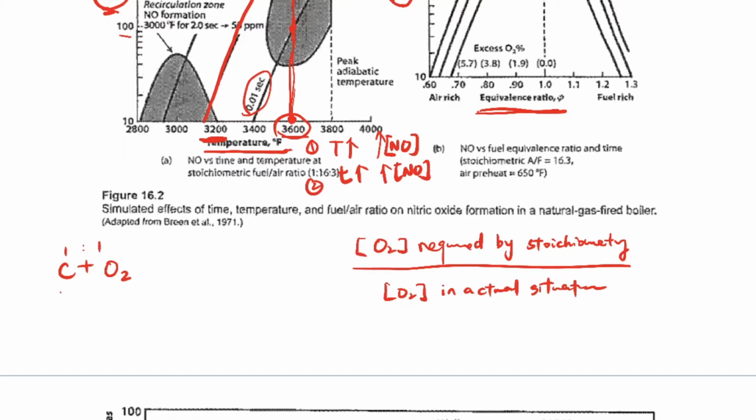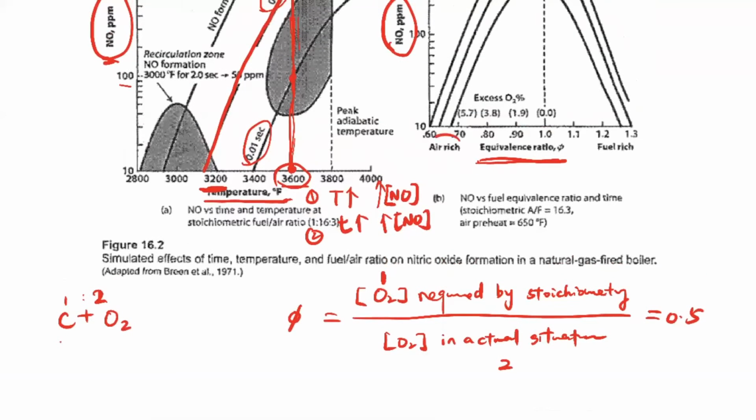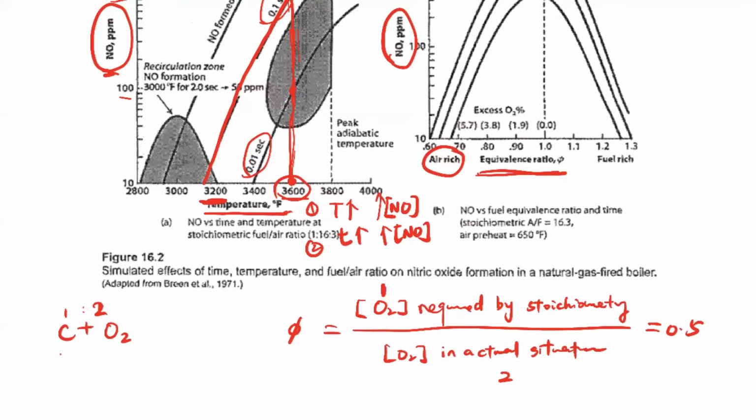So the oxygen amount required by stoichiometry is going to be 1. But let's say if we provide twice the air here, then the actual air concentration is going to be 2. So the equivalence ratio is going to be 0.5. So that's why it shows air rich when the equivalence ratio is below 1. Well, if the equivalence ratio is larger than 1, that's fuel rich.